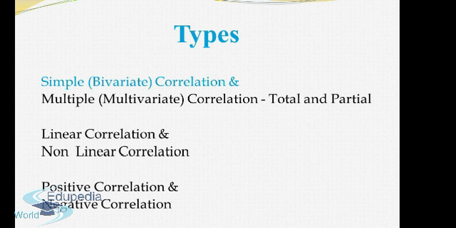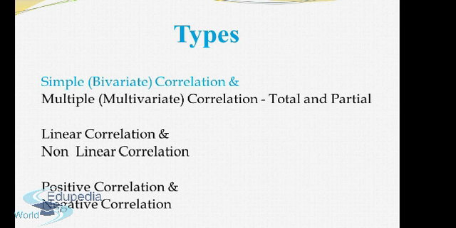Next, we can have linear or non-linear correlation. Linear in the sense that the increase or decrease is linear, or if they move in a direction, unidirection.